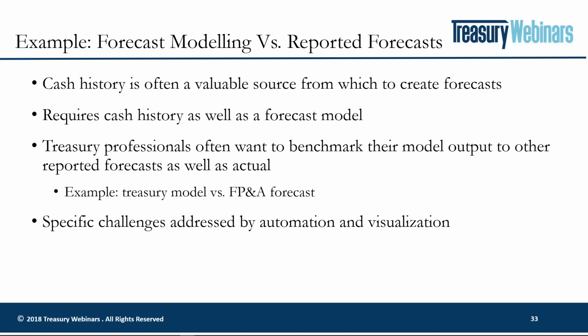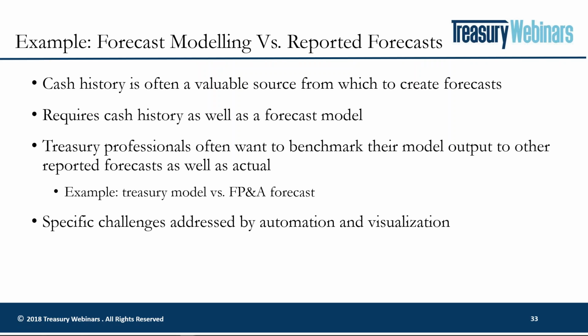So now we're going to go to a harder problem, which we think that the automation and visual aspects really help. And that's circling back to something Jared talked about, which is forecast modeling. So everybody knows cash history is a great source of information to create forecasts.